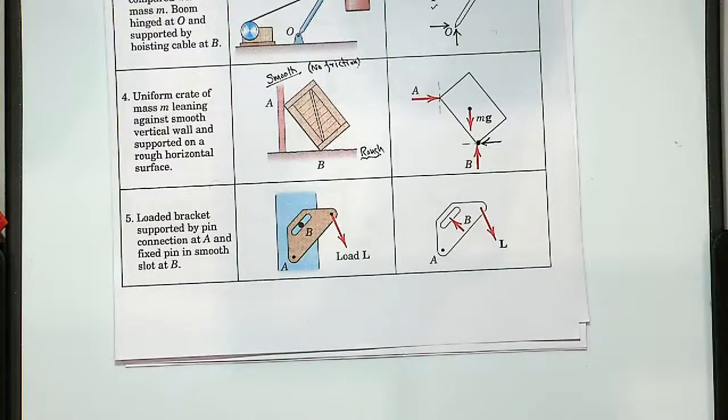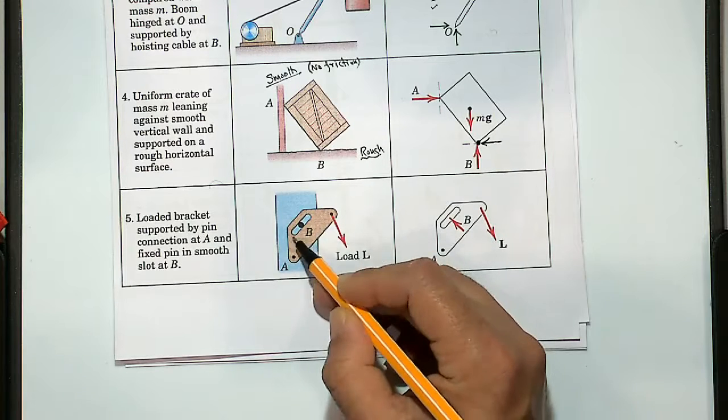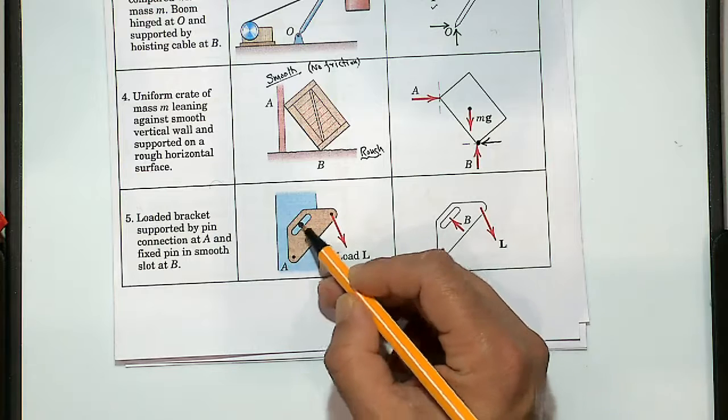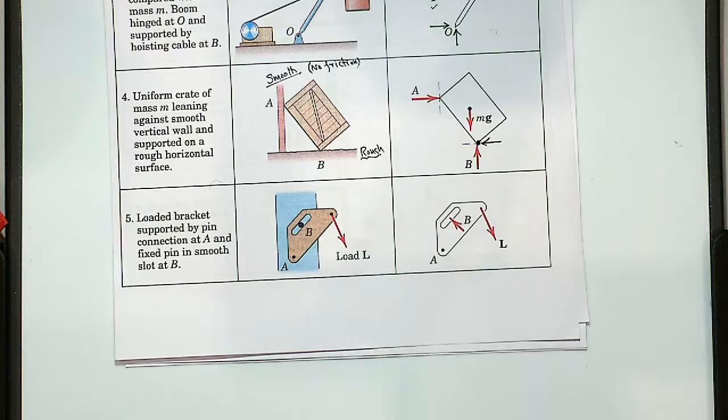Problem number 5. A loaded bracket supported by a pin connection at A. That means this point is fixed. Then you have a slot which is smooth, meaning there is no friction, and there is a pin attached onto that blue board in the background. Then you are pulling that bracket with a load L in this direction.